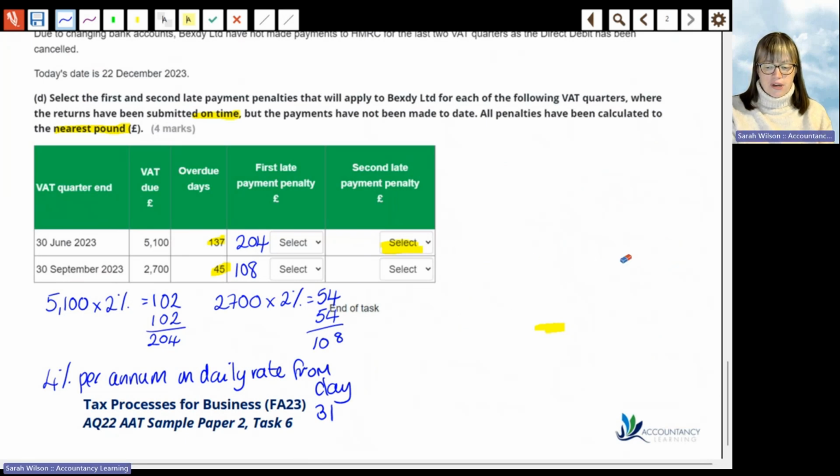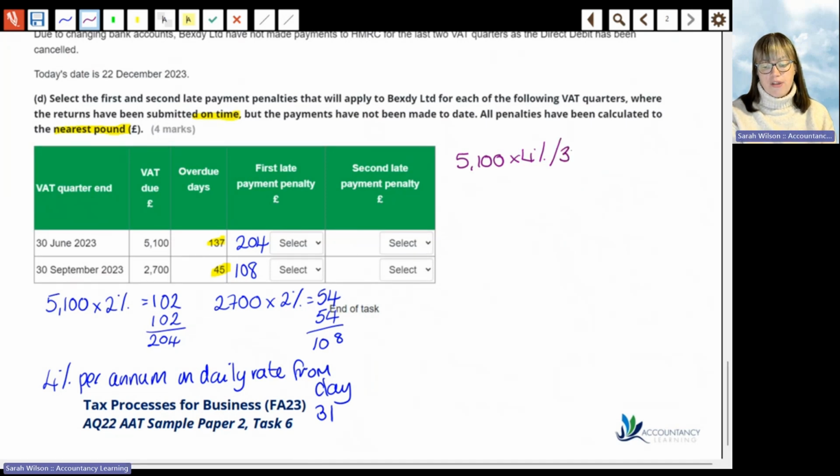So now we can do some calculations. For the second late payment penalty for the VAT quarter end 30th of June, we're going to take our 5,100 and we'll multiply it by 4%. But remember, that's our annual amount.